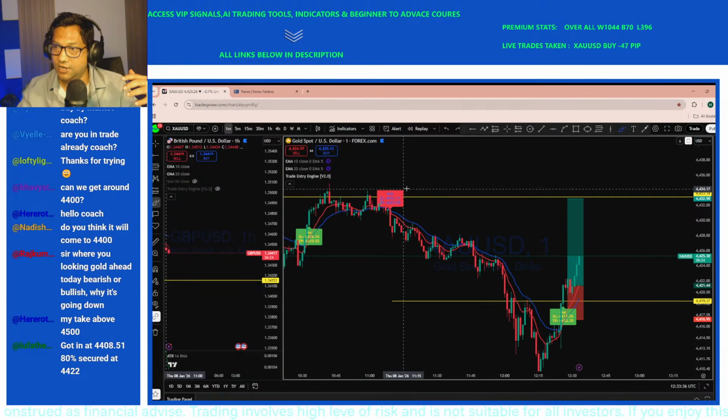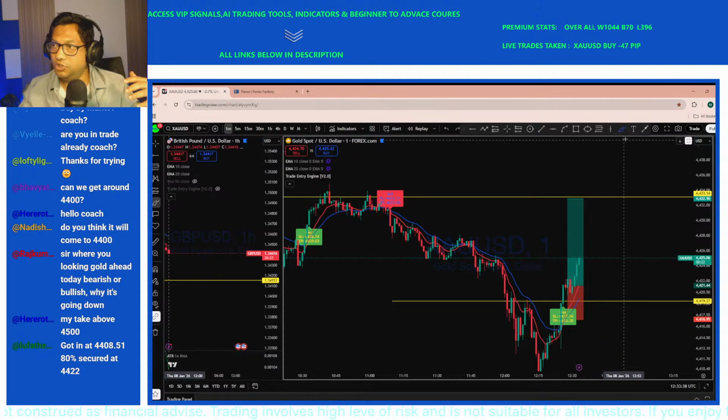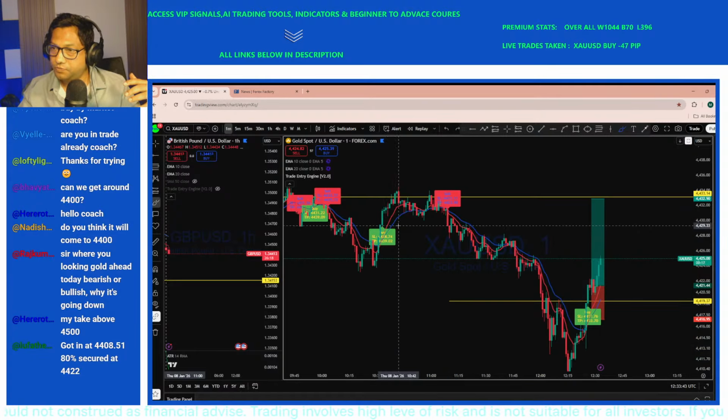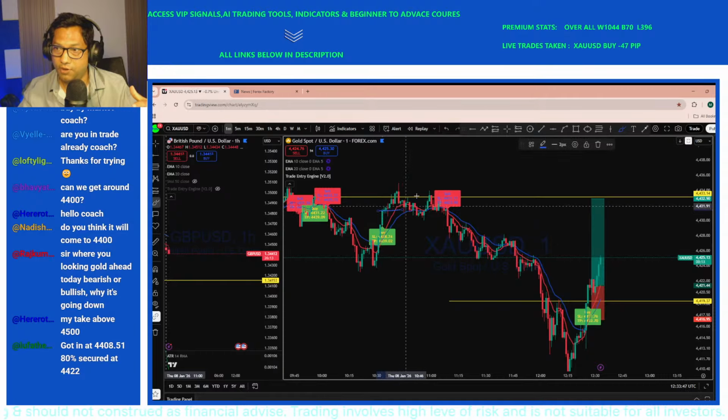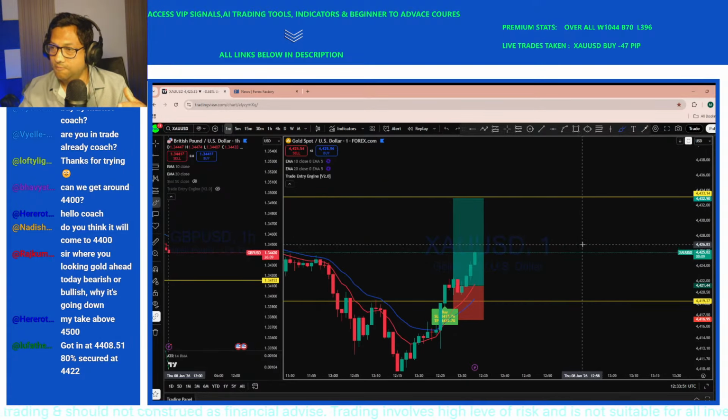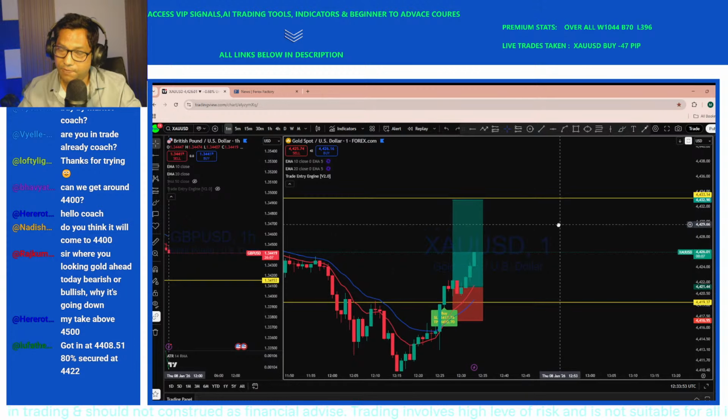Okay, so you can see that this alert generated here, it was a massive drop from that. Now this one has moved a little, depending on if you want to break even or not. It didn't move much further, but this one has gone a lot because of the time dependency, because of the session dependency here.